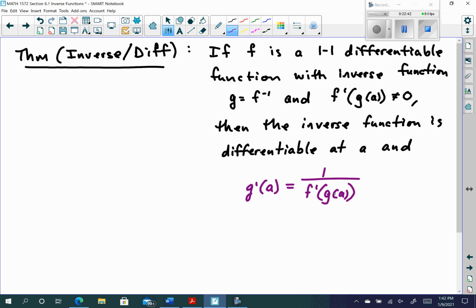And it's just a lot easier to say g than the inverse. So f prime of g of a, and because it's in our denominator now, that's why it can't equal 0.